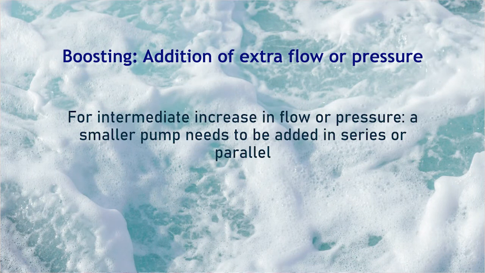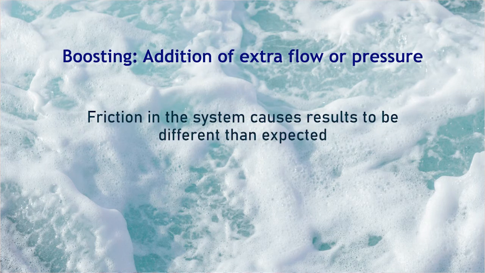For any intermediate increase in flow or pressure, other than doubling, we can add a smaller pump in series or parallel configuration depending on whether we need to increase the flow or the pressure. The practitioners must remember that there would always be friction in the water supply network, whether small or large, and this friction is going to cause results to be different from the ideal situation or from what we normally expect.